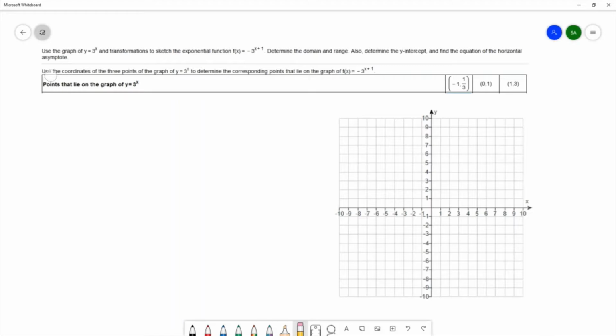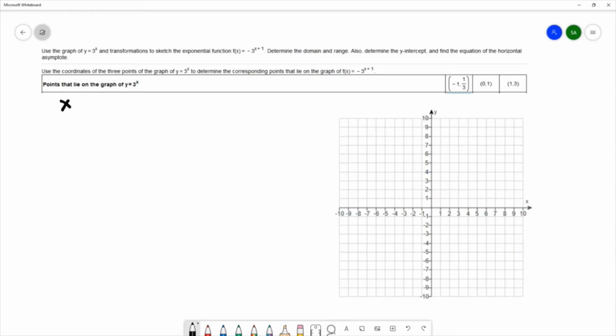We're going to start off with coordinates of 3 points on the graph of y equals 3 to the x. These are the 3 coordinates that are on the graph of 3 to the x. We can verify that.